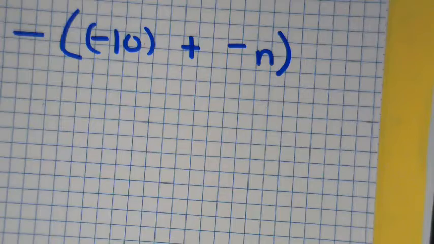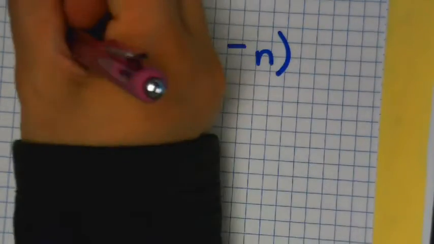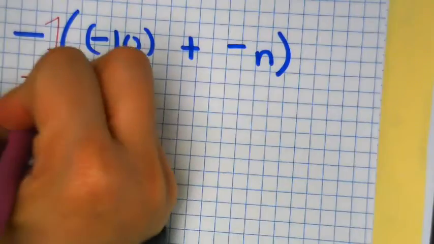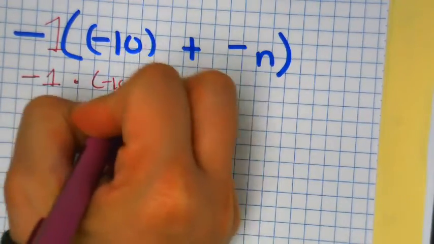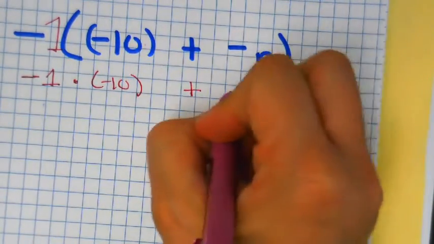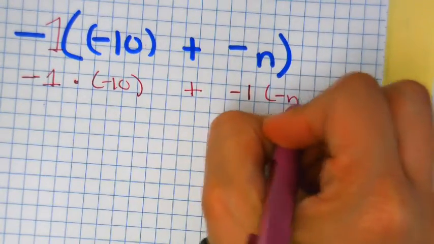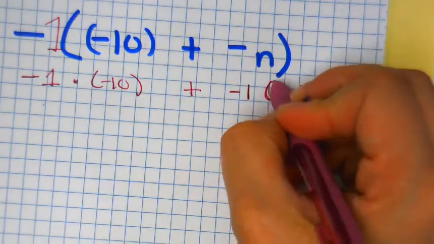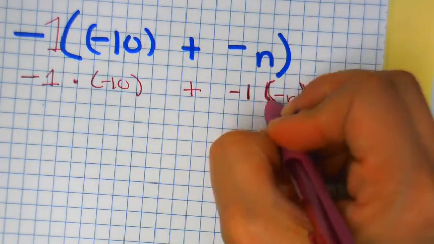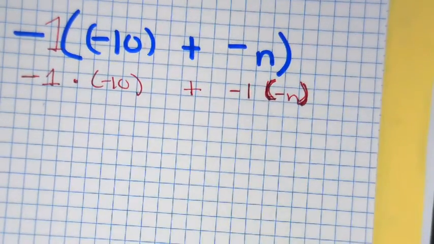So easy. So -1 times -10 plus -1 times -n. I just put these parentheses to keep everything together, a nice, neat little package, like a Christmas present.